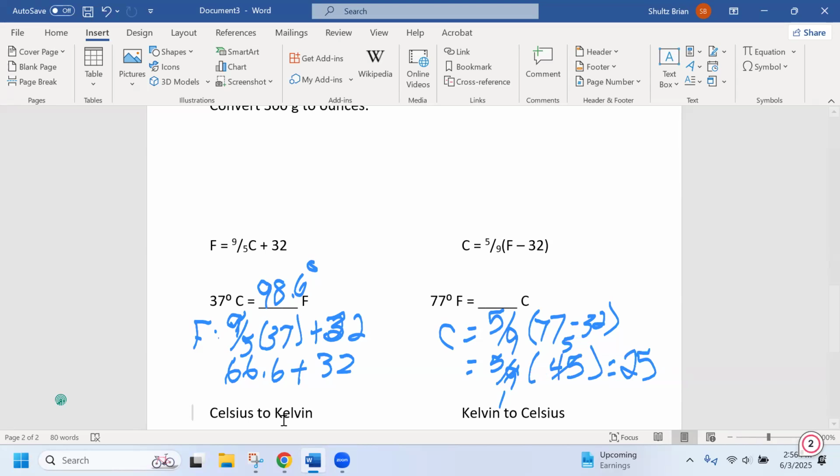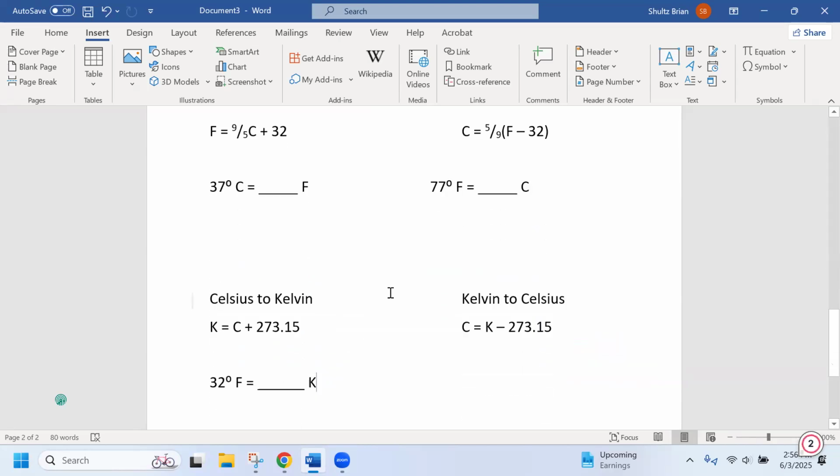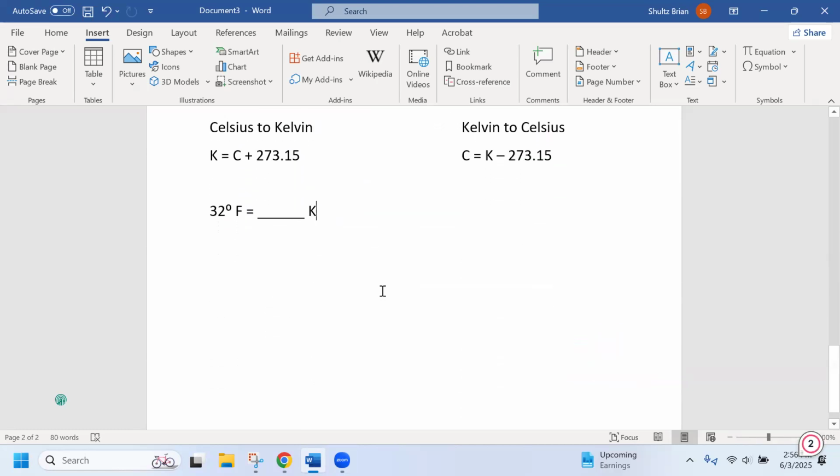And the last but not least is Celsius to Kelvin. But I've changed this so that I have to change Fahrenheit to Celsius first. 32 degrees Fahrenheit equals what degrees Celsius?